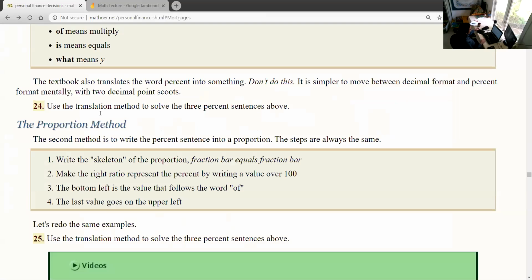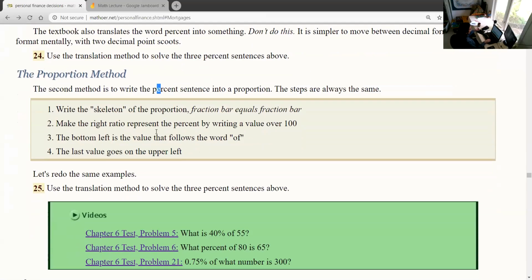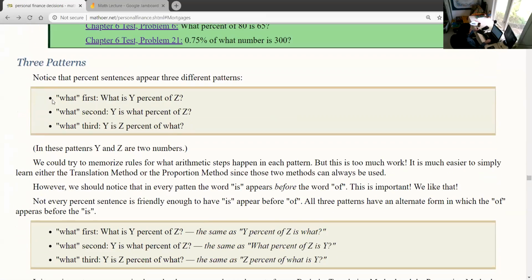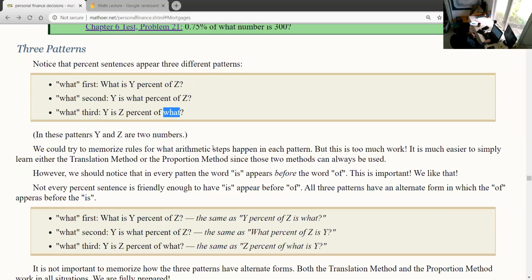Okay, we're pretty much done. So looking at this, there are some patterns, like what is y% of z? Does the what come first or second or third? But don't pay attention to the patterns. That's going to make it too hard for you. Just use the nice processes that always work.